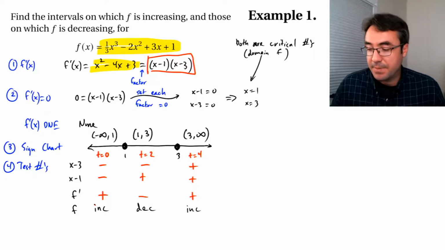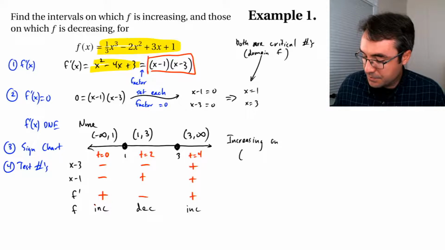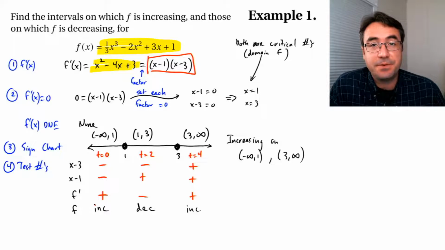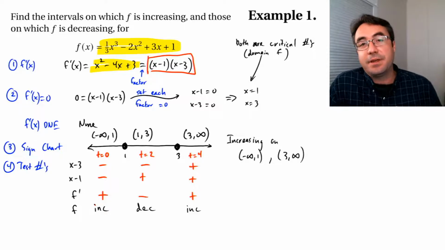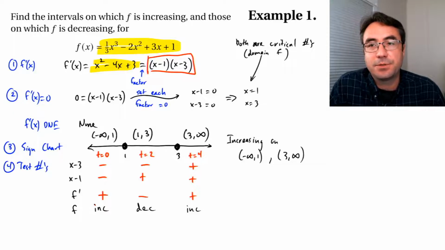And that's it. We just then formally write down our results. So we found that our function is increasing on the interval from minus infinity to 1, and then on the interval from 3 to infinity, and we'll just put a comma in between to separate those two intervals.